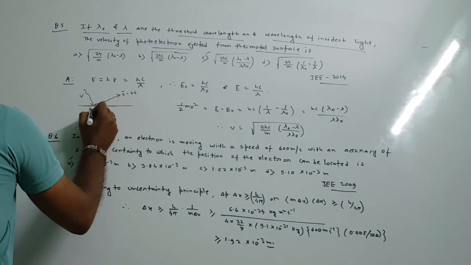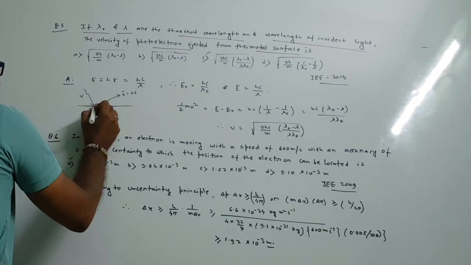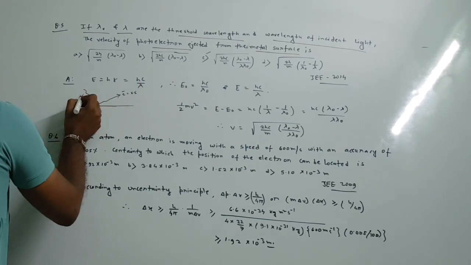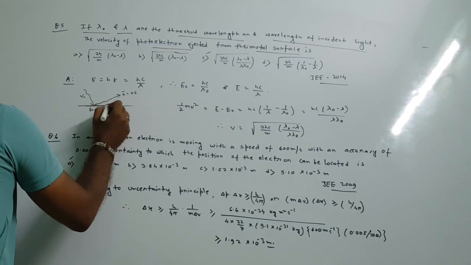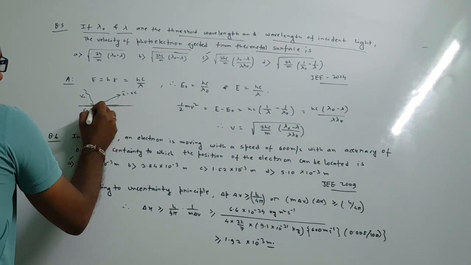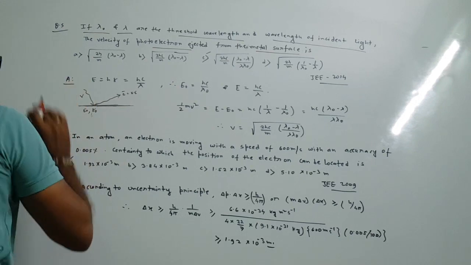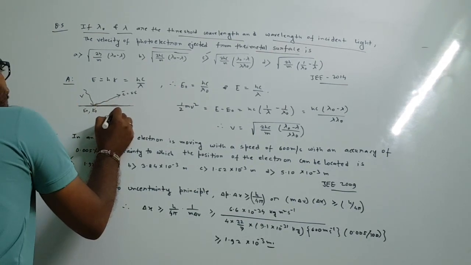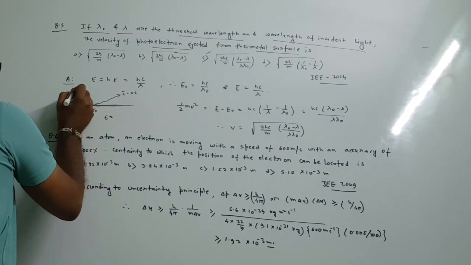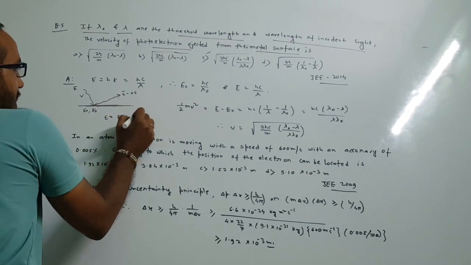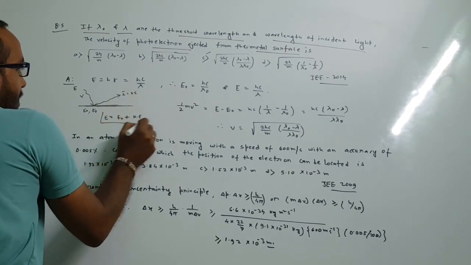So let us say E naught energy is absorbed, and the minimum frequency which is required to eject the electron is, let us say, nu naught, and this is nu. Then we know from Einstein's photoelectric effect that this E, the energy of the light, should be equal to E naught plus the kinetic energy.